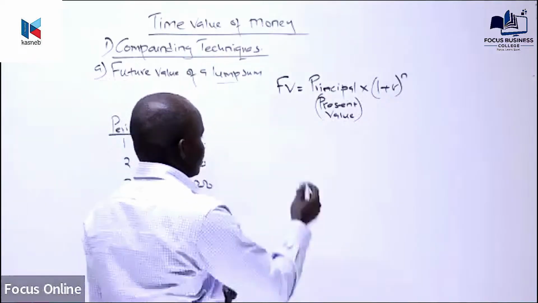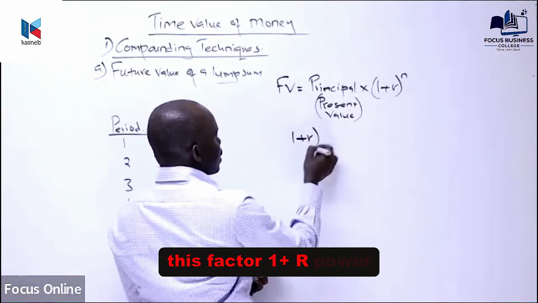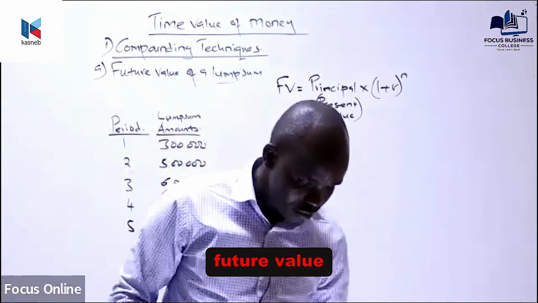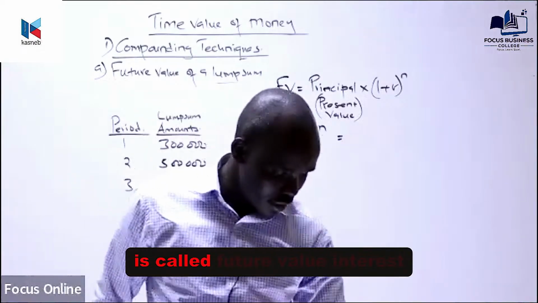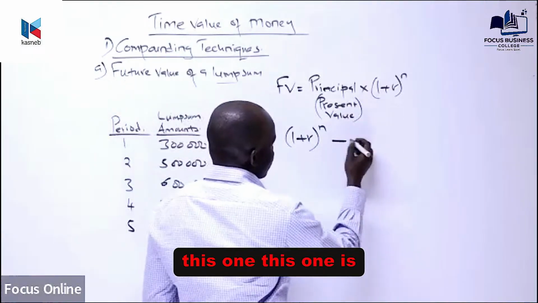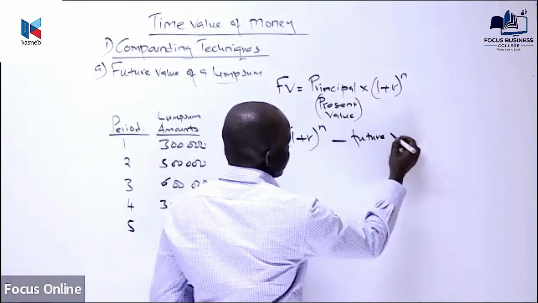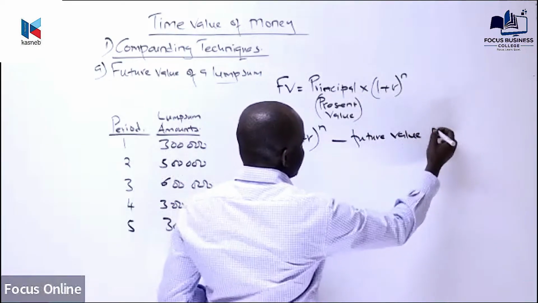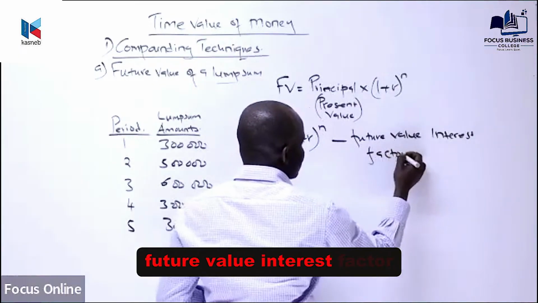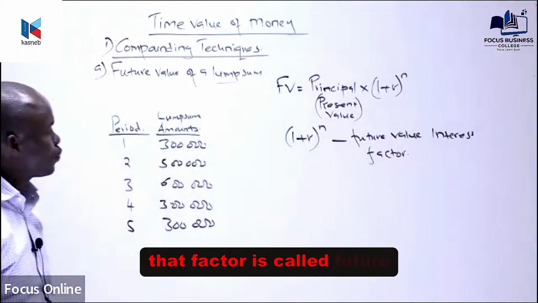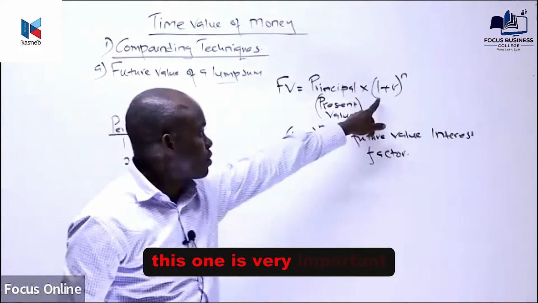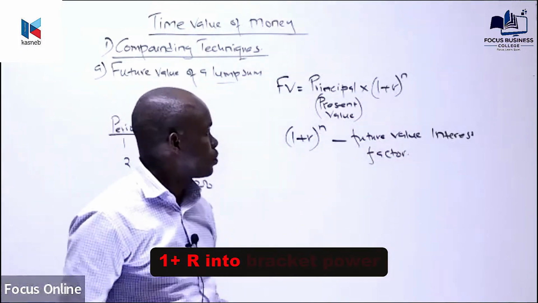This factor here, 1 plus r power n, is called what? It is called the future value interest factor. That factor is called the future value interest factor. This one is very important: 1 plus r in brackets power n.